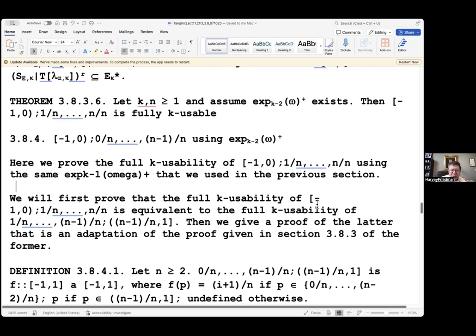I first prove that handling this, which is what we just did, is equivalent to handling this: 1 over n through n minus 1 over n semicolon n minus 1 over n and 1. This means that we're talking about invariance with parameters from here instead of parameters from here, parameters from the top interval instead of from the bottom.